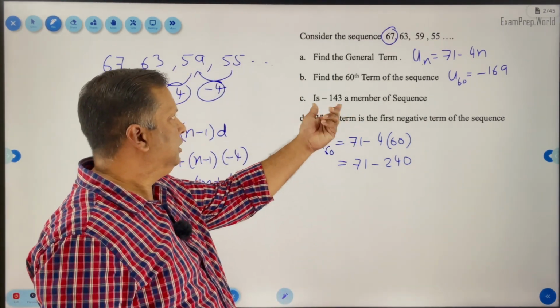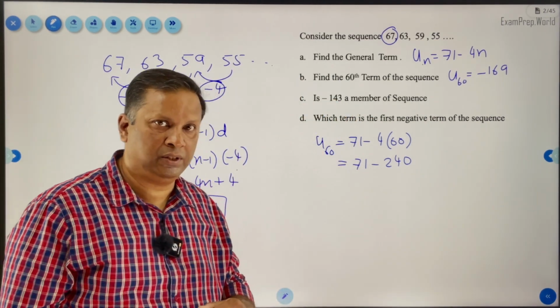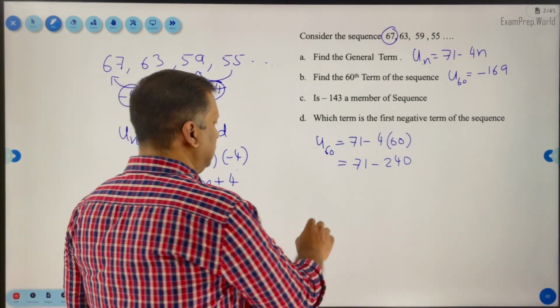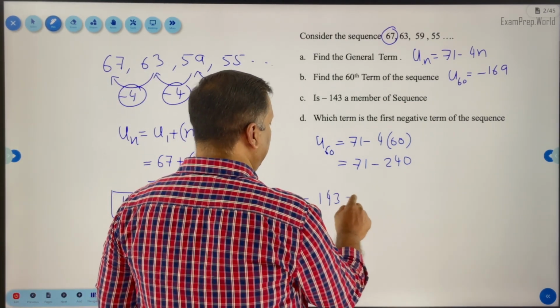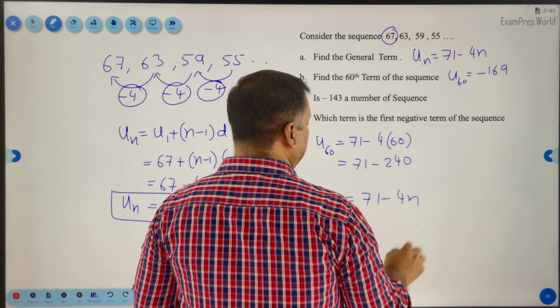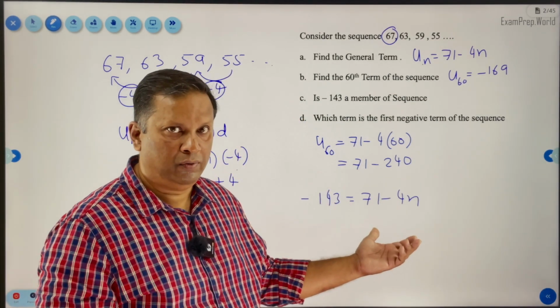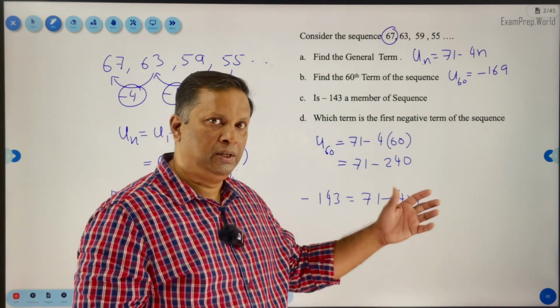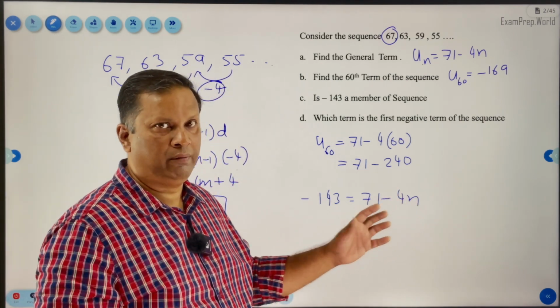Now they are asking: is -143 a member of the sequence? Let's check. We write -143 equals the general term, 71 minus 4n. We find the value of n. If n comes out a whole number, then definitely it is a sequence member, otherwise it's not.